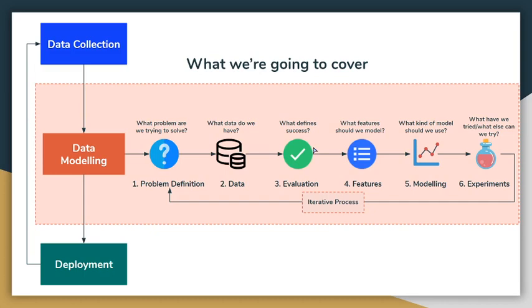After we have found out which output defines success, we want to look at what features we should model. So which features should we actually include in our model? Should we give it a feature that gives you tips depending on which images you put in, or should we put in warnings?